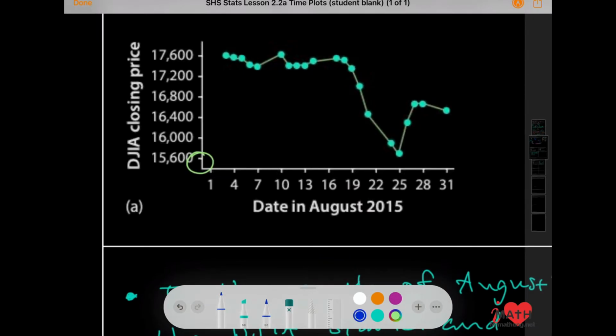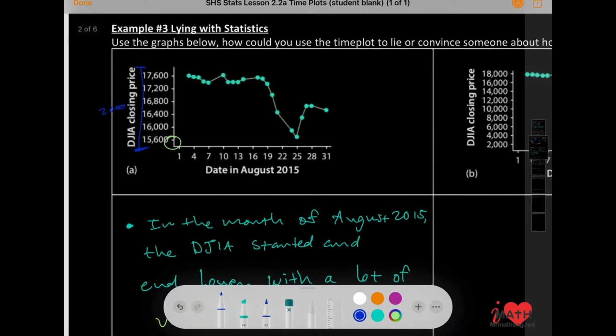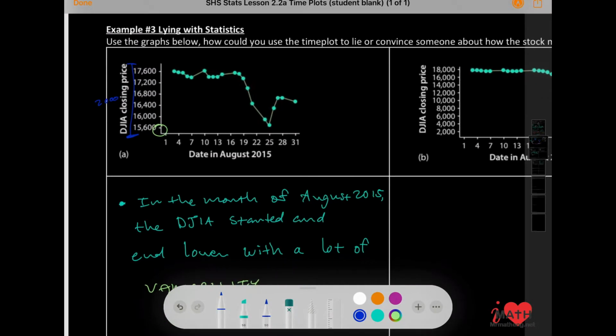So what do you notice about these numbers? Well, if you subtract them, it's a difference of 2,000. Okay, so maybe I am a conservative financial person saying, hey, don't go into the stock market, you're going to lose your money. Look at this graph. Look how the stock market is going down, trending down, right? You see this negative direction.